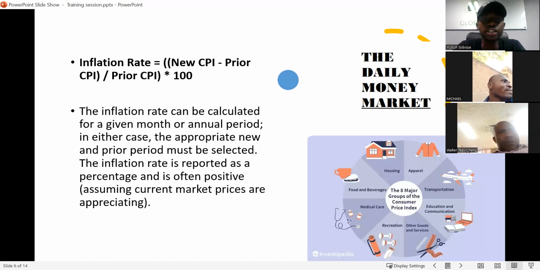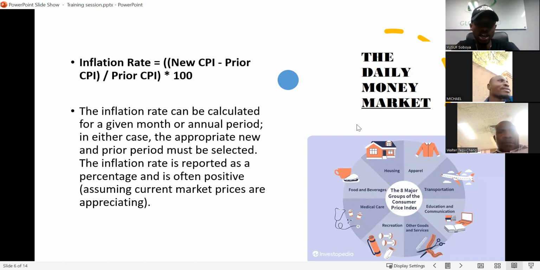So the inflation rate equals the new CPI minus the prior CPI, divided by the prior CPI, times 100. The inflation rate can be calculated for a given month or annual period. In either case, the appropriate new and prior period must be selected. The inflation rate is also reported as a percentage and is often positive, assuming current market prices have appreciated, right?